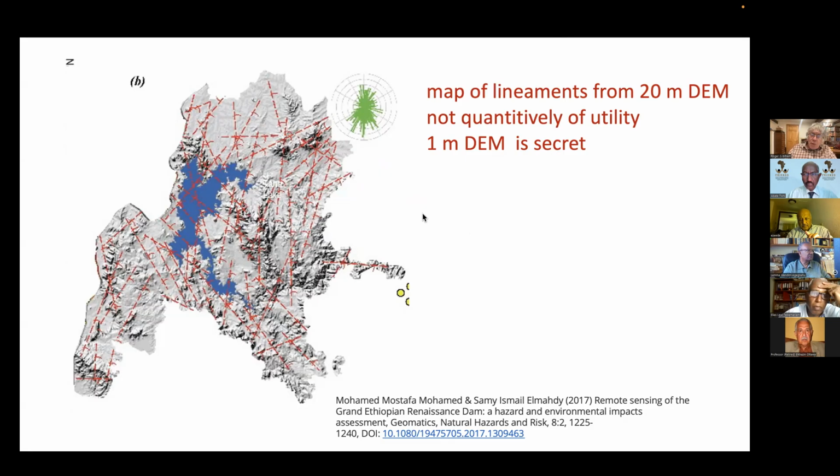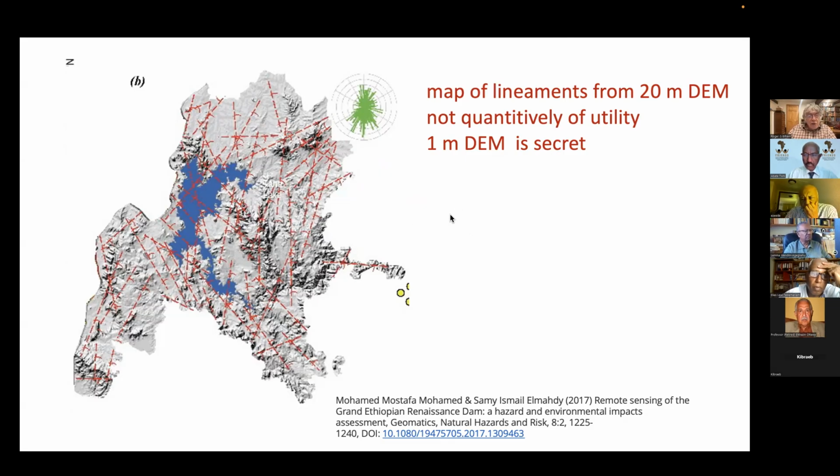These are lineaments that are recognized in 10-meter digital elevation models. I would submit this is really not a very conclusive kind of study. For one thing, it should be done on much higher resolution digital elevation data. And it should be accompanied by field work.